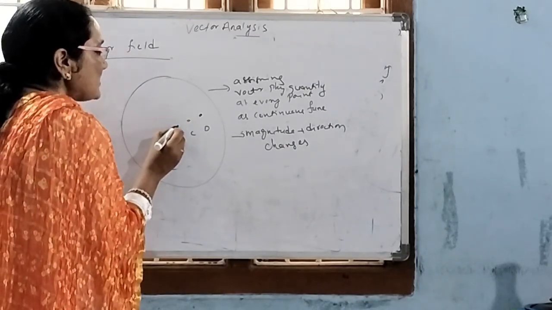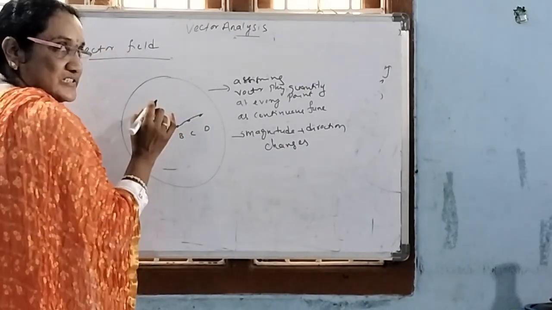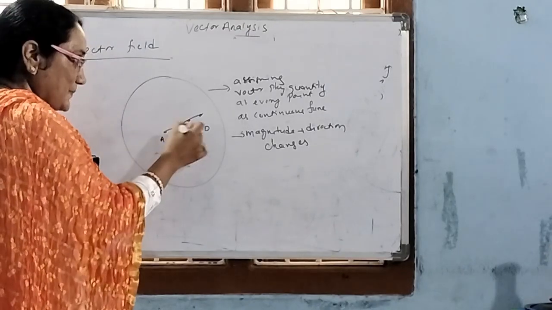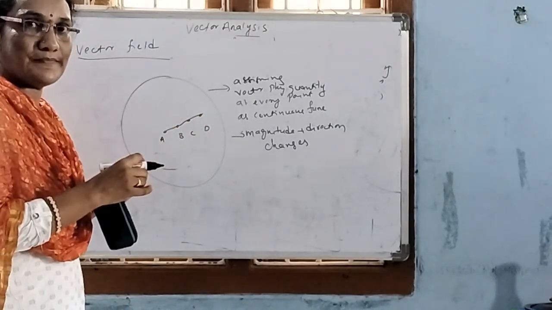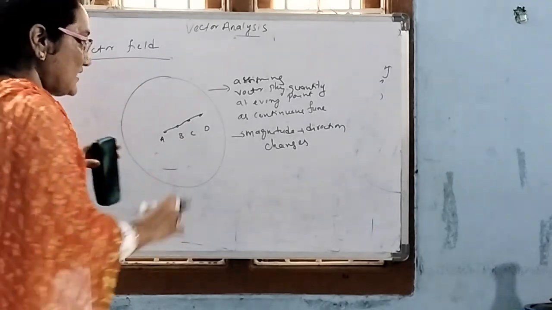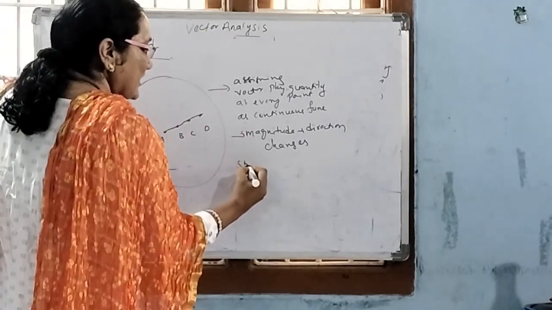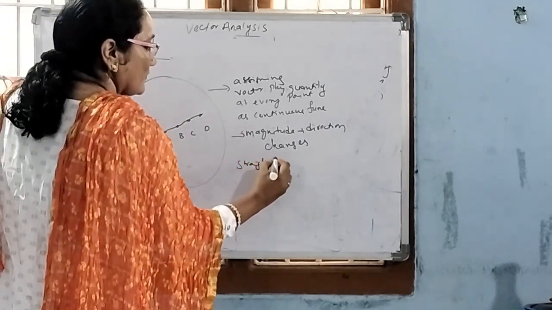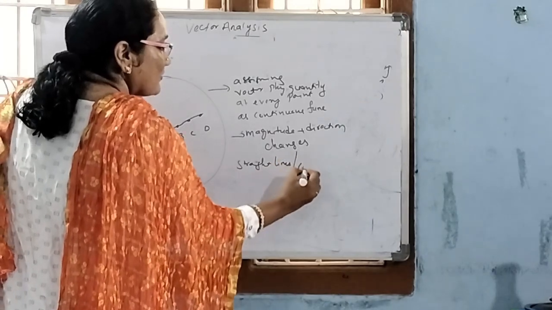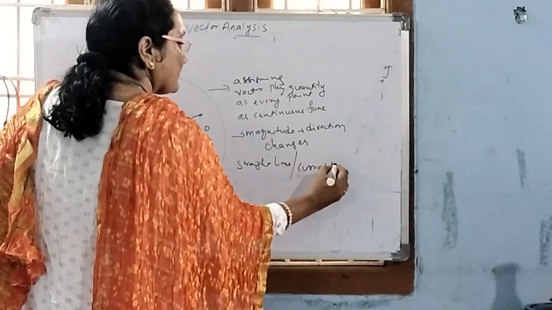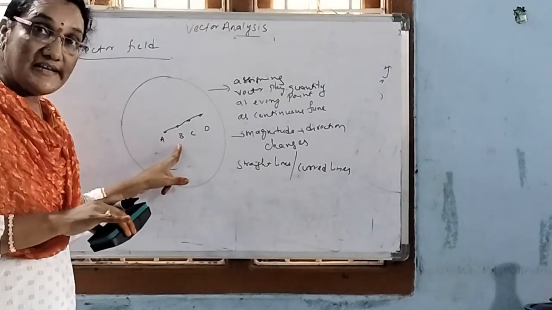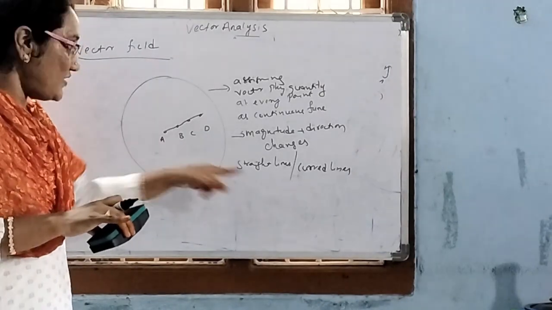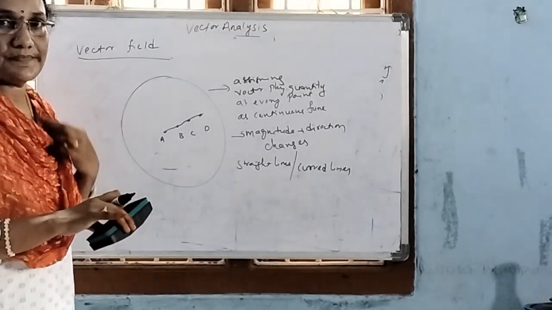Tracing means I am just joining the points. When I trace the path, I will get straight lines or curved lines. So when we trace the path of a vector quantity in the vector field, we will get curved lines.